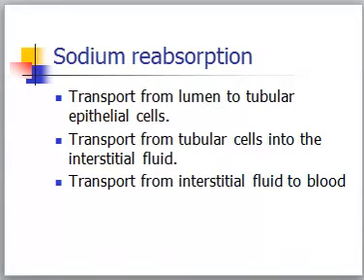So we are going to see where exactly in the tubular area sodium is reabsorbed. From the glomerular filtrate, 99% of the sodium is reabsorbed. Two-thirds of the sodium is reabsorbed in the proximal convoluted tubule, and the remaining one-third in other segments except the descending limb of the collecting ducts.